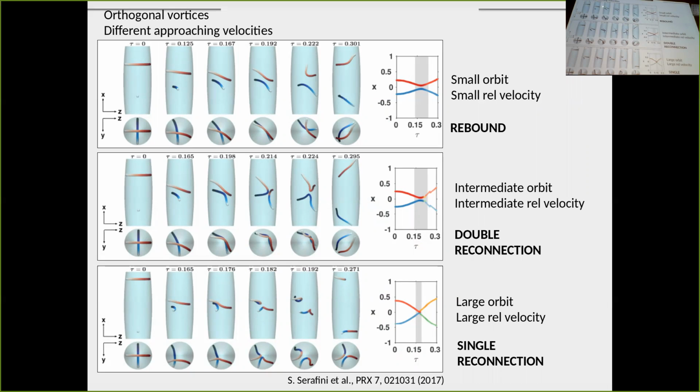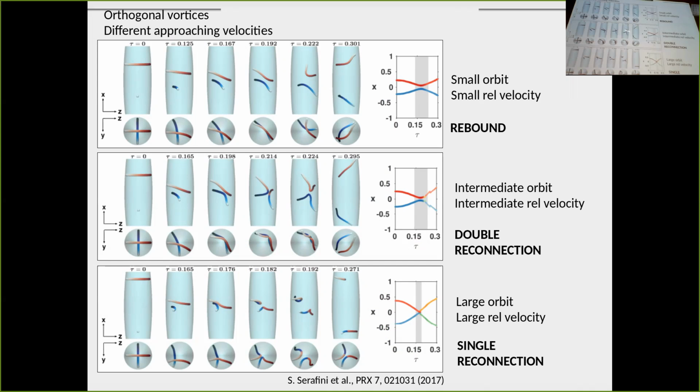And actually, in this case, because of the small velocity of approach, the vortices will tend to anti-align, and because of various effects, including the effects of image charges outside of the condensate, the vortices, instead of reconnecting, will somehow rebound without any reconnection.